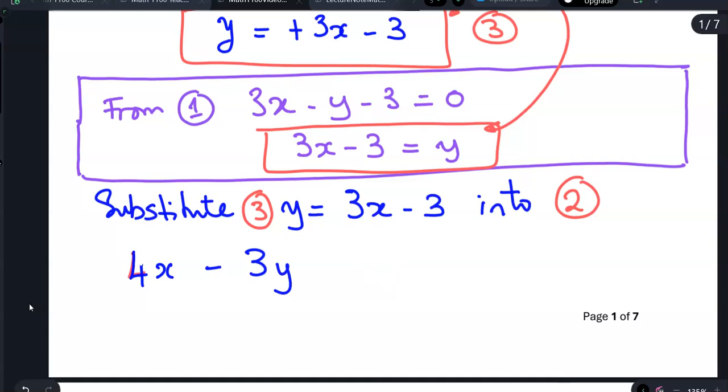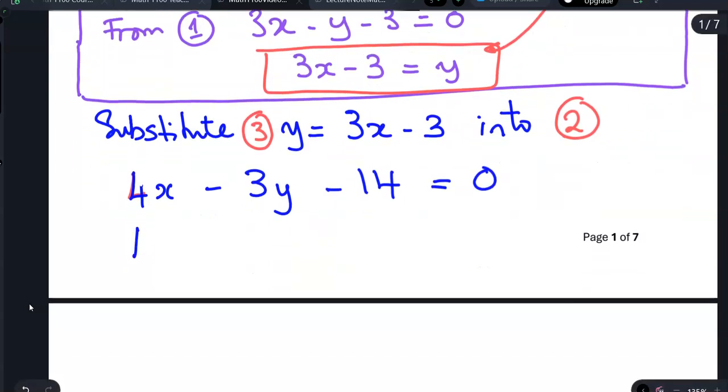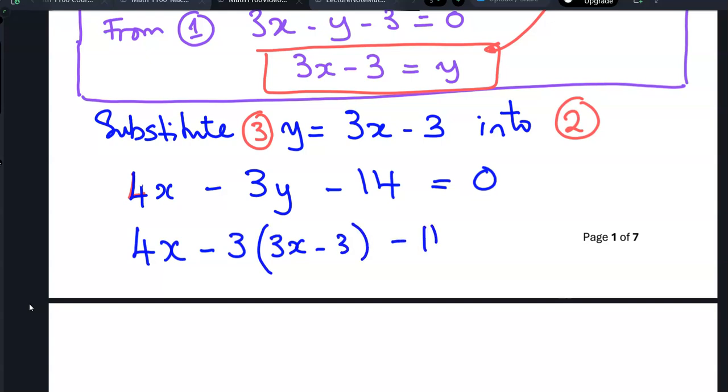I still should write minus 14 equal to 0. So from here, instead of writing y, I will substitute 3x minus 3 into where the y is. So where the y is, I will write 3x minus 3.